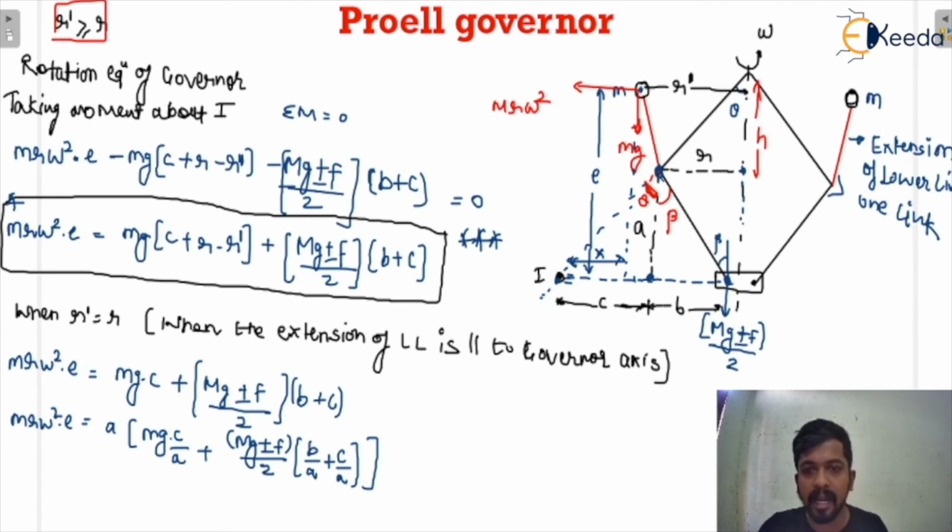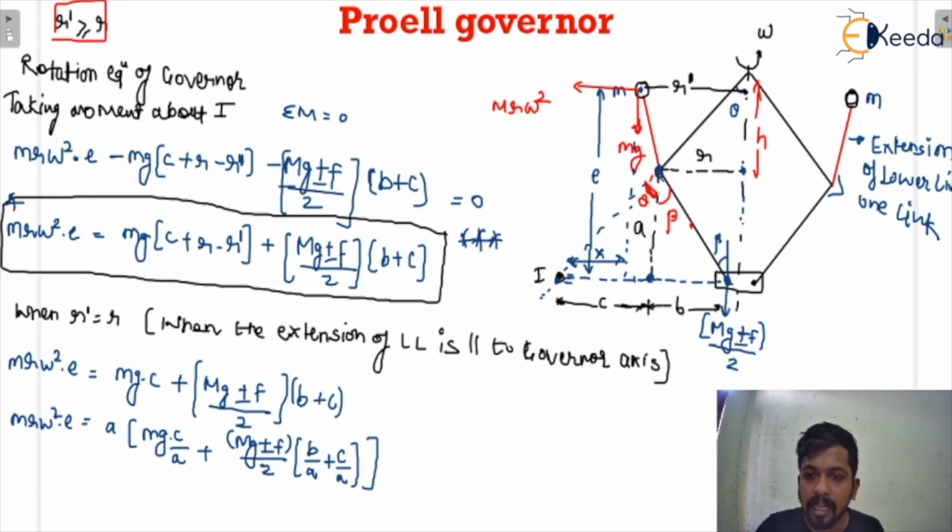This is the diagram. See, this is the link which is attached to the extension of the lower link and the sleeve. Since there is a sleeve, it has the downward force, that means the weight of the sleeve, and there is also the friction force.